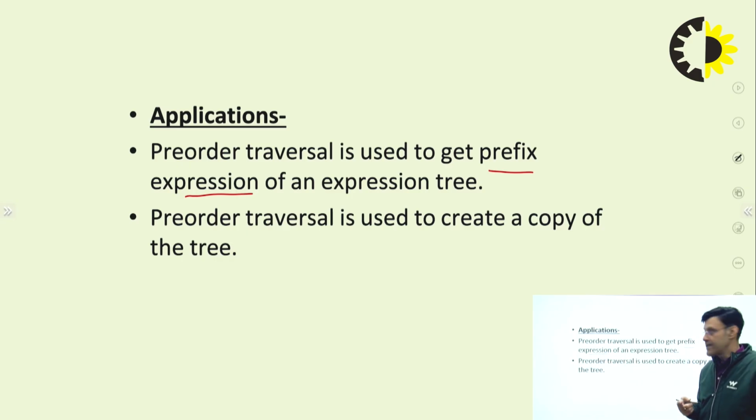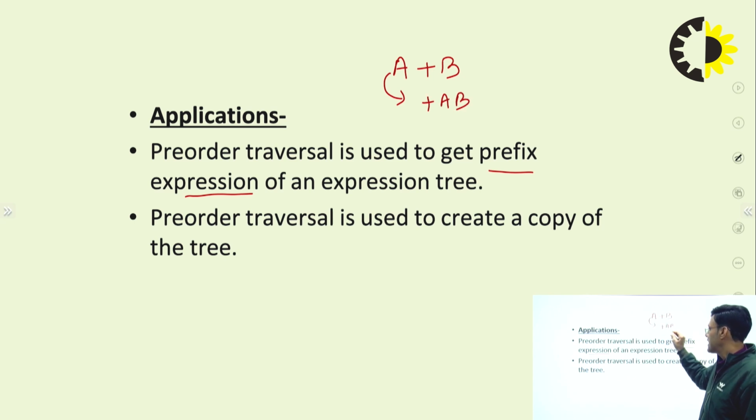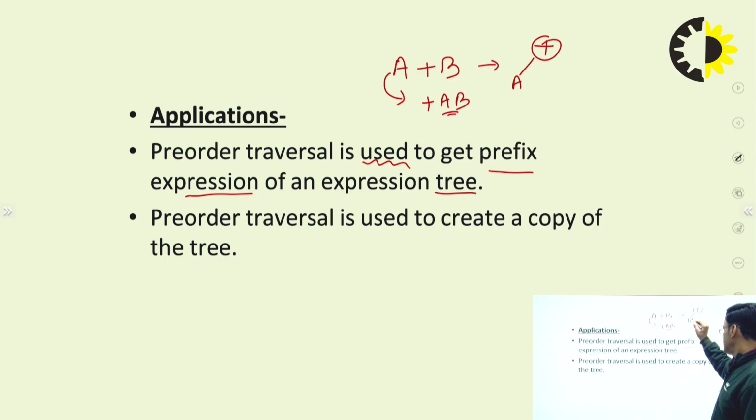As I have told you, if we are given an infix expression, then what is the prefix expression of this? Plus AB. It means that it is used to get the prefix expression of an expression tree. Now how can we represent it in the case of a tree? Plus with A and B. This is the tree for this expression, right?